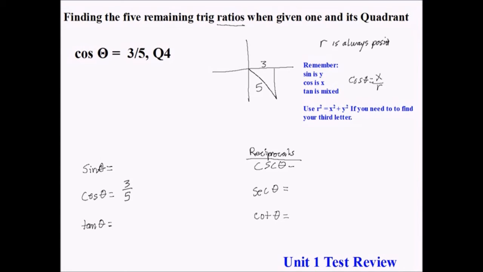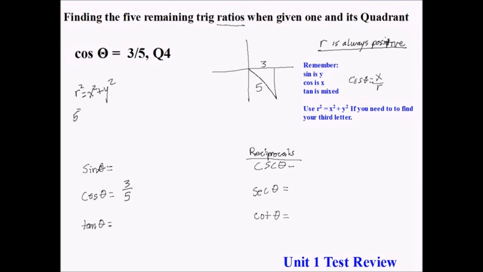So let me just go ahead and write that out. R is always positive. Okay. So we have our y, we have our x, and we have our r. So r squared equals x squared plus y squared.